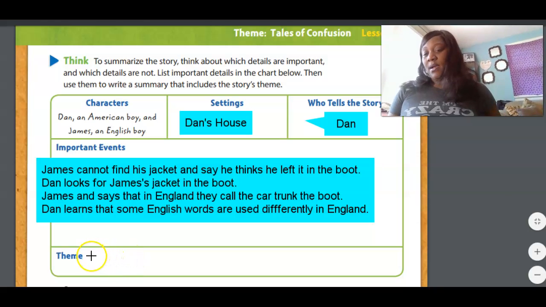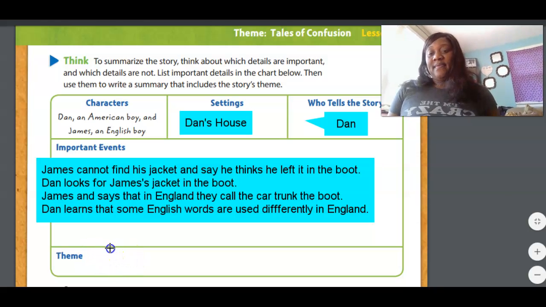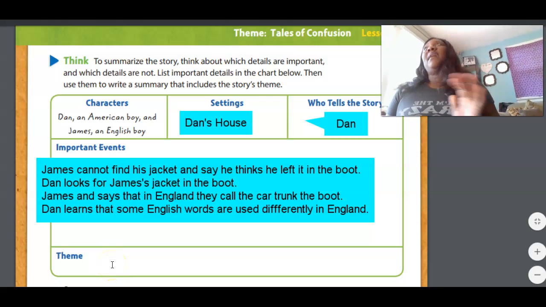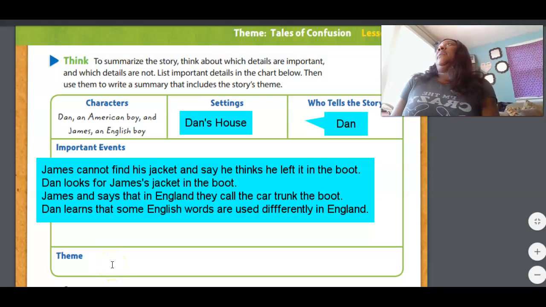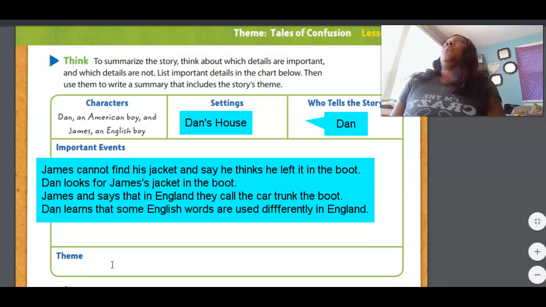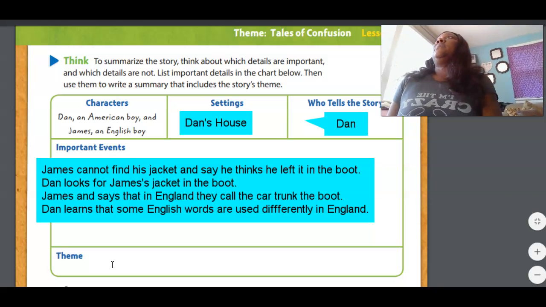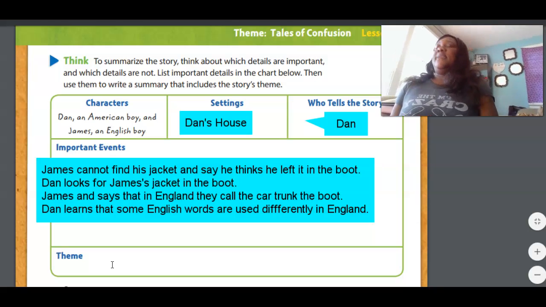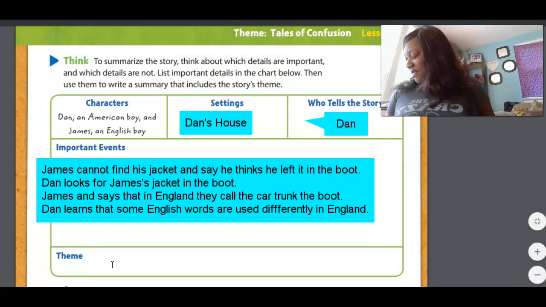How are we doing so far? Now we are at the theme. Ooh, still coming right back to the theme. The theme is trying to figure out the story details, and we're going to summarize and capture the main ideas, and that's going to give us a theme.